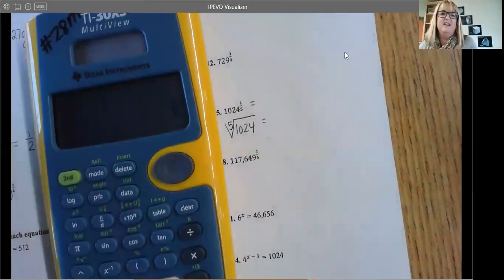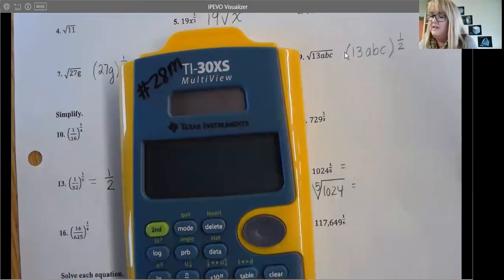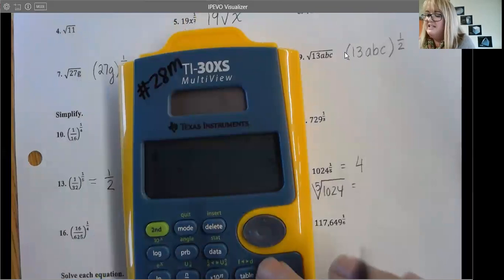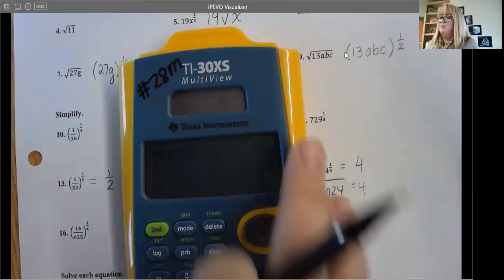Let's clear that. All right, 1,024 raised to the 1/5 power, enter, is 4. And I'm just double checking it. The 5th root of 1024 is also 4. So see, it works both ways.